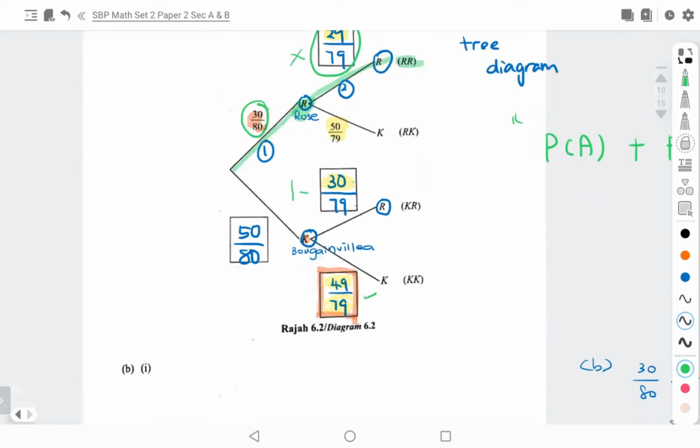So for part B1, 30 over 80 times 29 over 79, then you will get the answer. Okay, so it's 87 over 632. Just key it into the calculator.